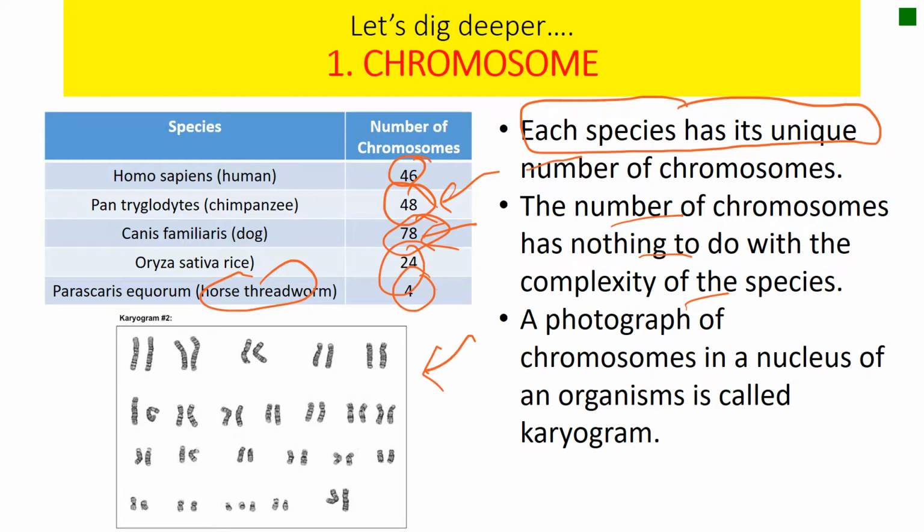And you can see from here, this is called a karyogram. A karyogram is a photograph of chromosomes in the nucleus of an organism. And if you can count quickly, how many? Yeah, there are 46 or 23 pairs. So you can say that this karyogram belongs to a cell of a human.